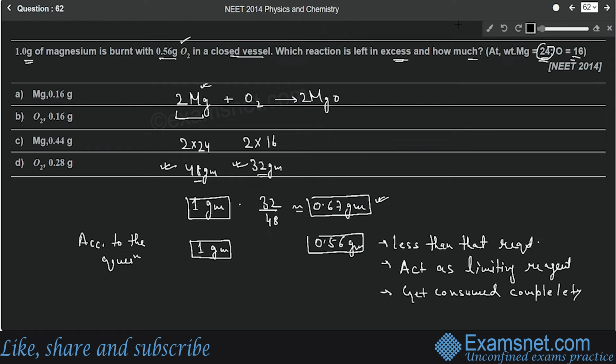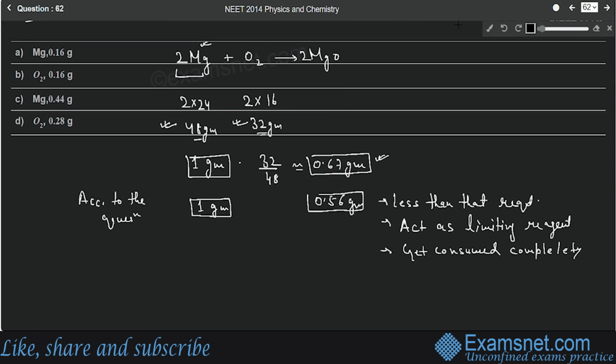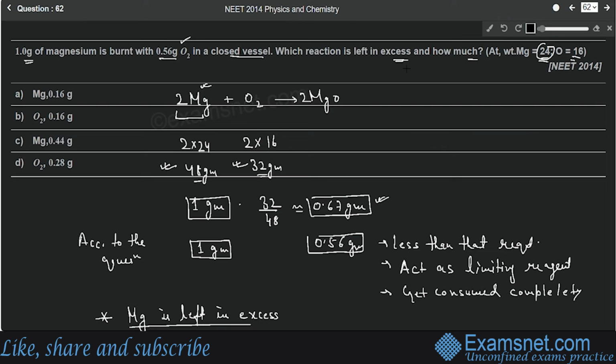Instead, magnesium will be left in excess, because insufficient oxygen was available for burning of 1 gram of magnesium. So some amount of magnesium will be left. So from here we can conclude that magnesium is left in excess. So one part of the question is answered here, because the question asks which reactant is left in excess. So the answer is magnesium.